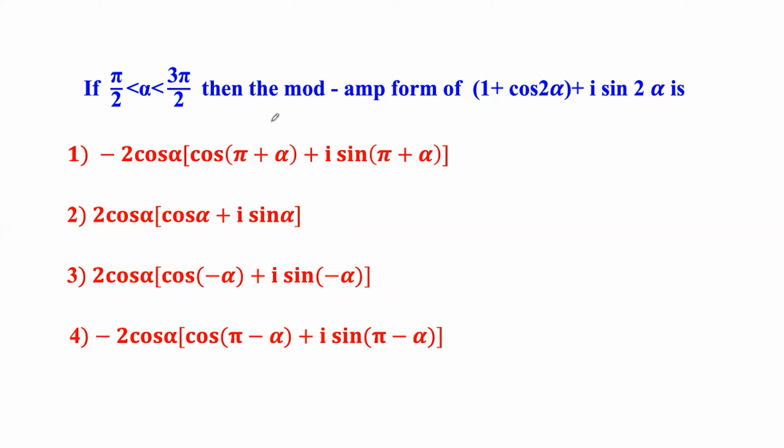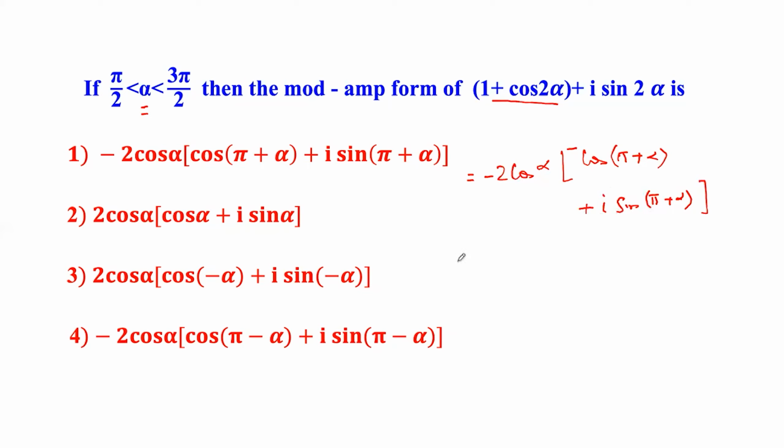If alpha lies between pi by 2 to 3 pi by 2, then we have to find this. We have already solved this, so we can say this is coming as minus 2 cos alpha, cos of pi plus alpha plus i times sine of pi plus alpha.